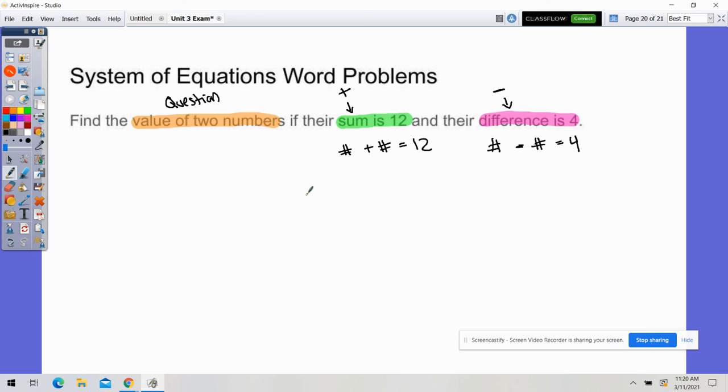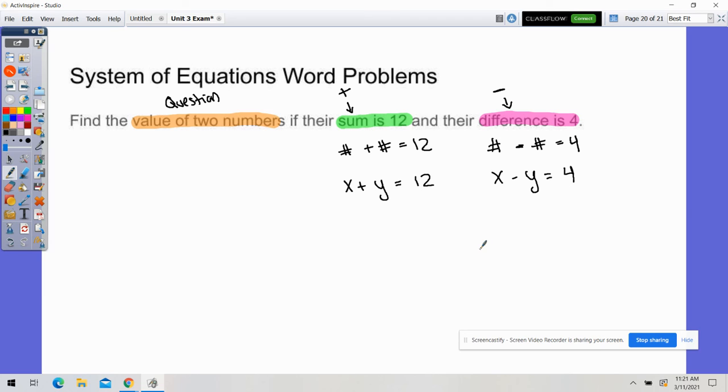Since we don't know what these two numbers are, we're going to label them as x and y. We're going to give them variables. So I know that x plus y is going to give us 12 if we add them together, and x minus y would be 4 if we subtracted them.